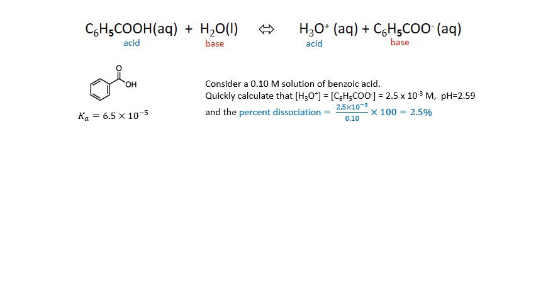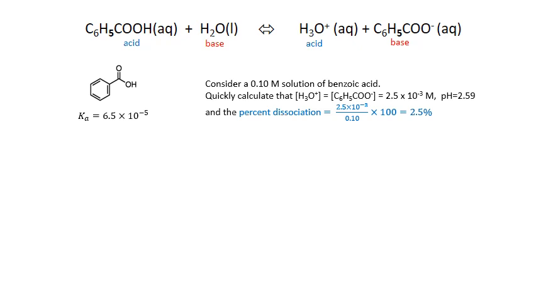0.1 molar solution gives you 2.5 times 10 to the minus 3 molar in H3O+ and benzoate. And the pH of that solution would be 2.59. What I'm interested in here, though, a little bit is the percent dissociation.